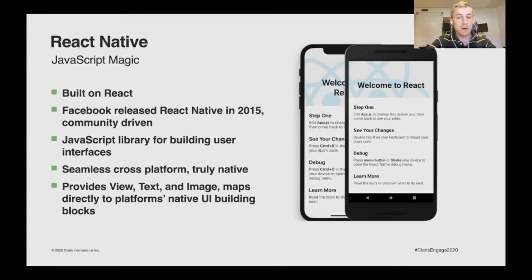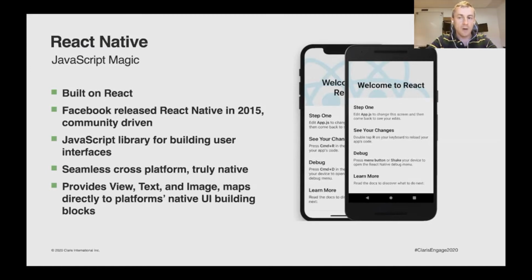React Native came out in 2015, and it already has a really huge community out there that is helping drive it forward. It's a seamless cross-platform library, and it's truly native apps that are coming out of the React Native code.